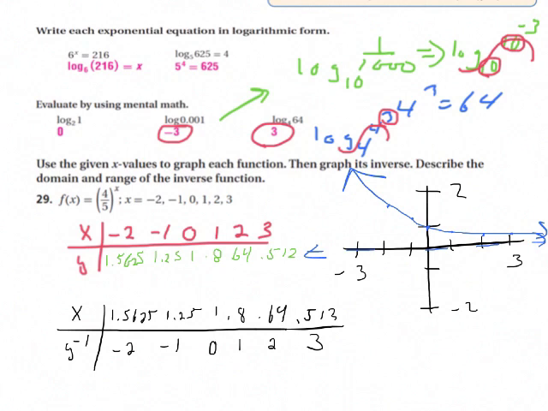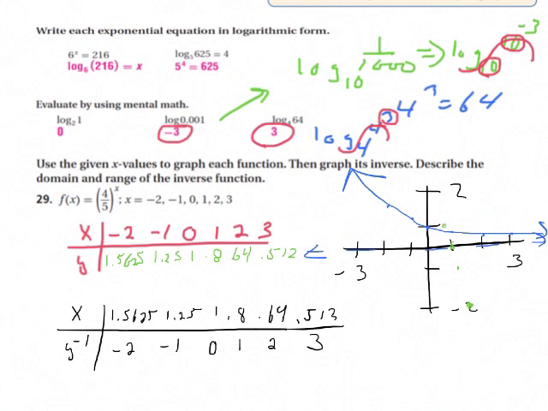I'm going to graph this one in green. When I'm at 1.56, I'm at -2, so it's going to be right down there. When I'm at 1.25, I'm at -1, so it's going to be like that. When I'm at 1, I'm at 0. When I'm at 0.8, I'm up at 1.